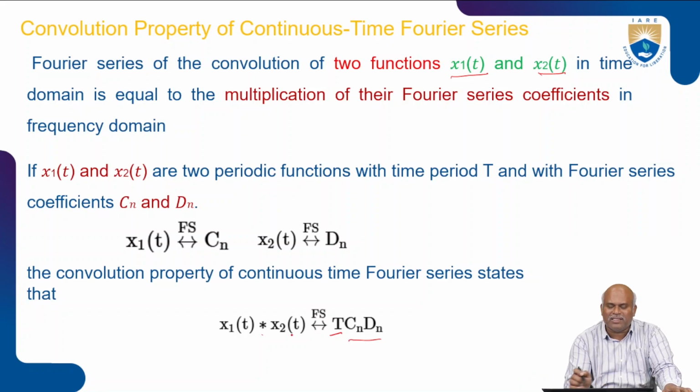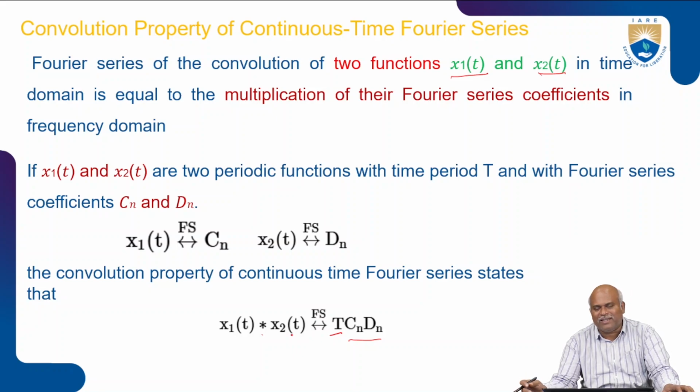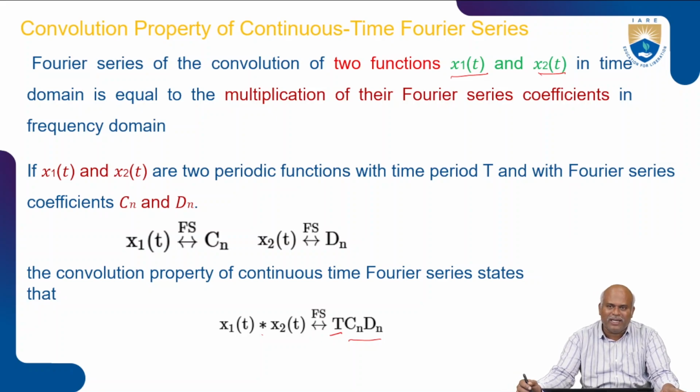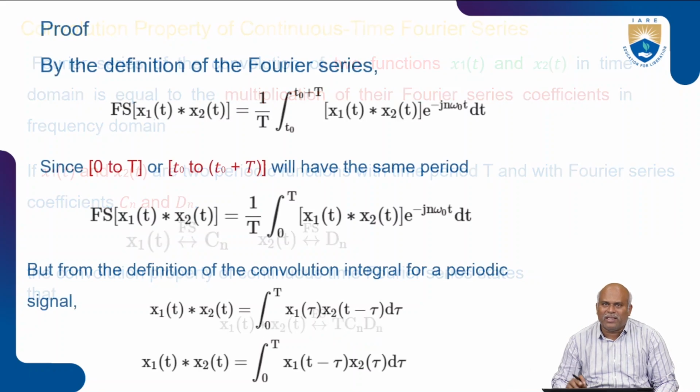If you do convolution in the time domain, the output is represented as a multiplication of Fourier series coefficients. But in the case of the multiplication property, if you do multiplication on the input side, it produces a convolution output on the Fourier series side. Now we need to prove this case.